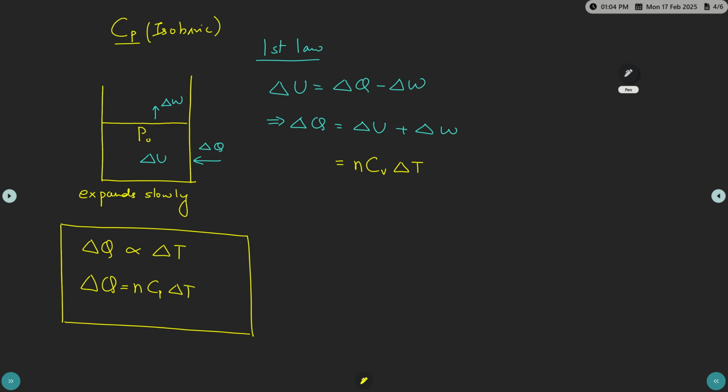If the change in temperature of this gas is delta T, the change in internal energy is n Cv delta T. It doesn't matter what process the gas is taking. All that matters is the change in temperature is delta T. Plus work done: the pressure of the gas is constant, P naught times change in volume.